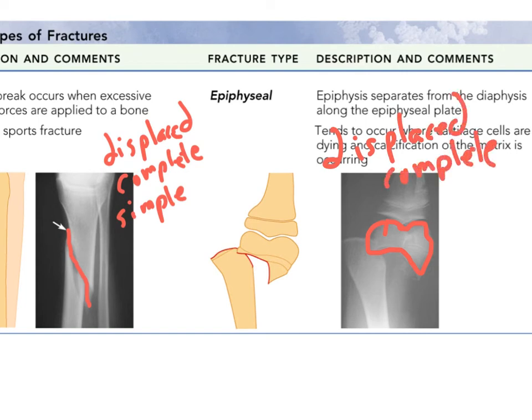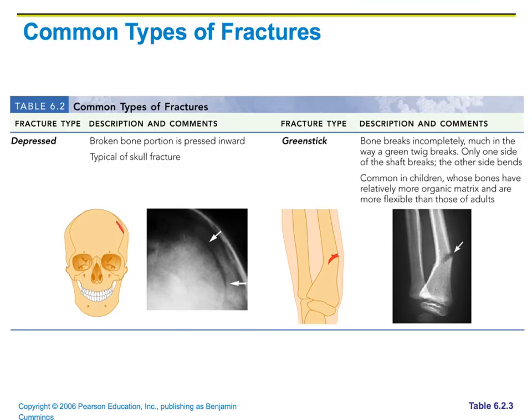And if you look carefully here, you can see the outline of, I believe, the muscle here. And based on the degree of displacement, I would call this likely a compound fracture that has broken the skin. And we're eliminating depression and green stick fracture here.